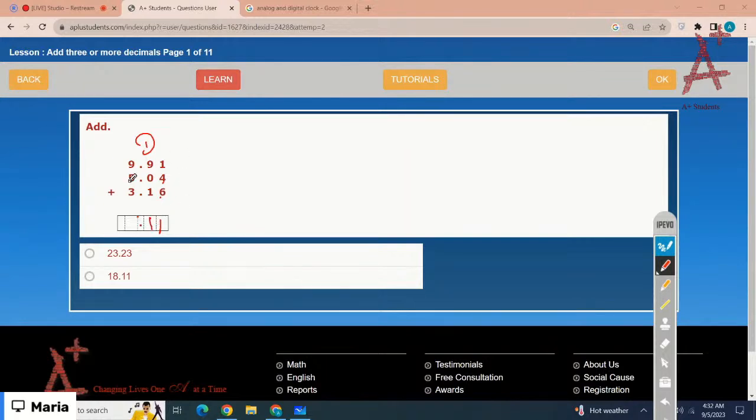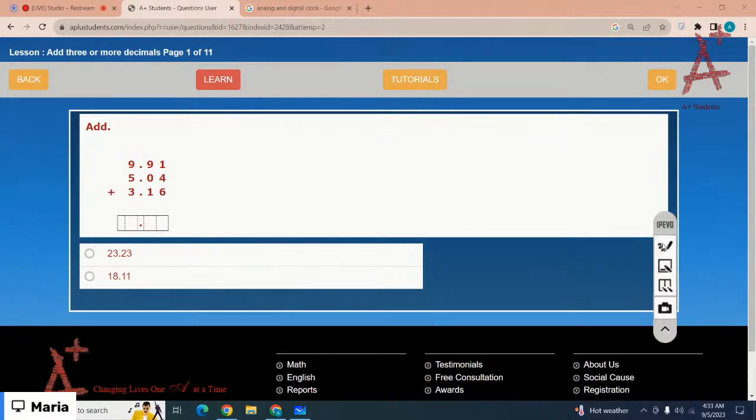So you write 1 here and carry 1, right? Then you add 9 and 1 is 10, and 5 is 15, 16, 17, 18. So it would be 18.11, right? That would be the second option.